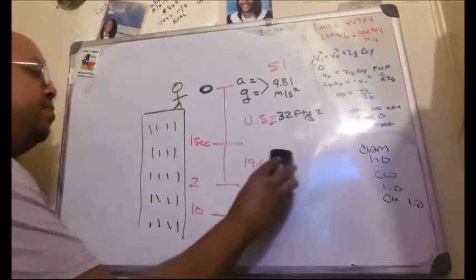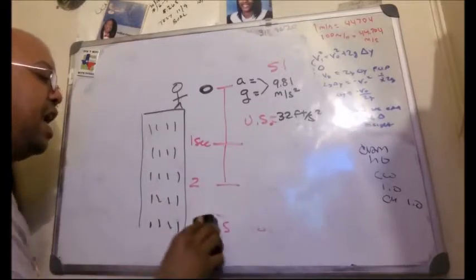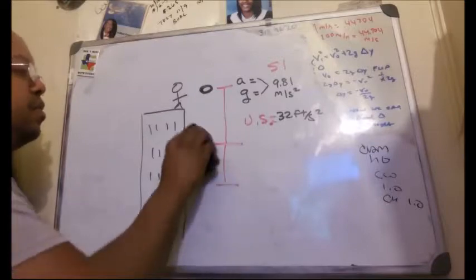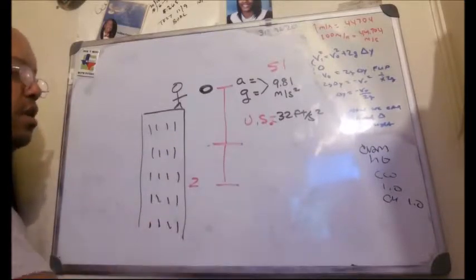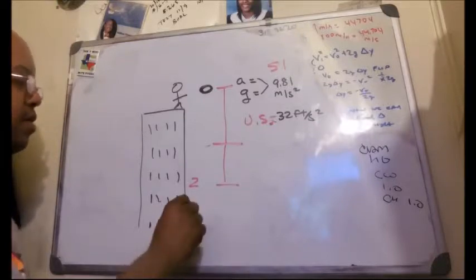So we have distance. Let's talk about speed. And I would like to know the speeds at 2 and 3 seconds of your object.